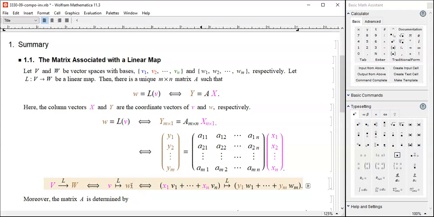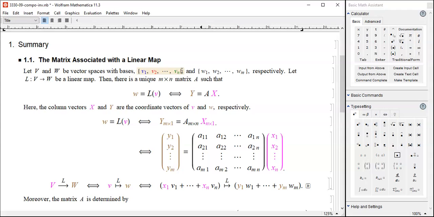So V goes to W due to this map L, and V belongs to capital V, which has basis v1 through vn. So any vector there can be written as a linear combination of v1, v2, v3, all the way over to vn, like this. And this expression is unique because this is a basis.